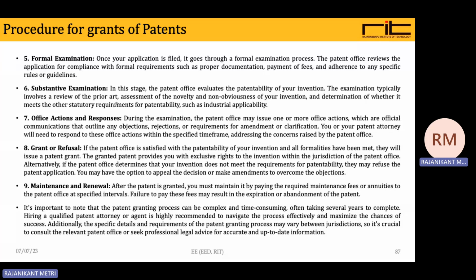You need to pay the fees at the specified intervals. So these are the 9 steps: invention disclosure, prior art search, patent application, filing the application, formal examination, substantive examination, office actions and responses, grant or refusal, and maintenance and renewal fee payments.